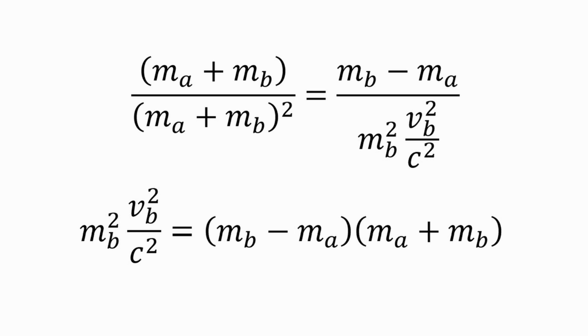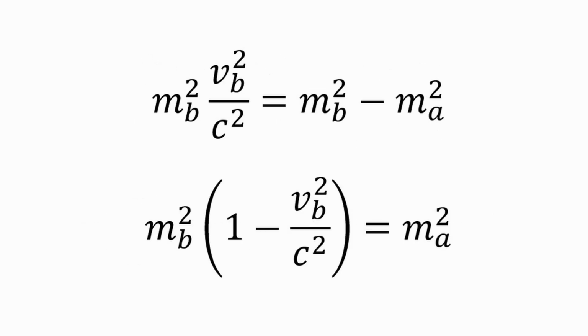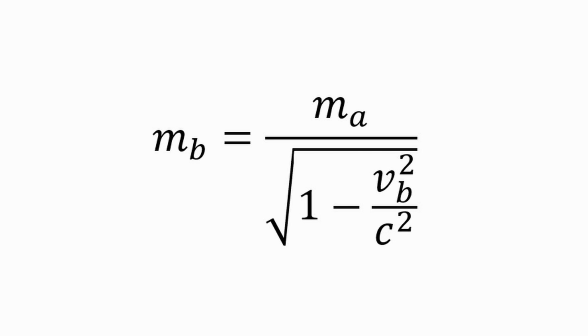So we obtain, which can be simplified to, and finally, in special relativity, mass needs to be a function of velocity to conserve momentum.